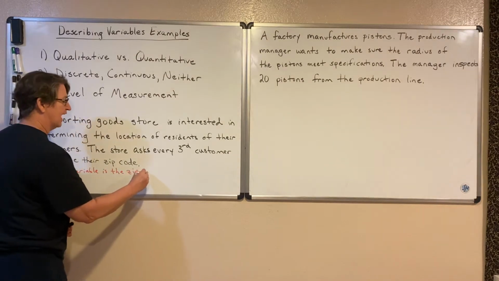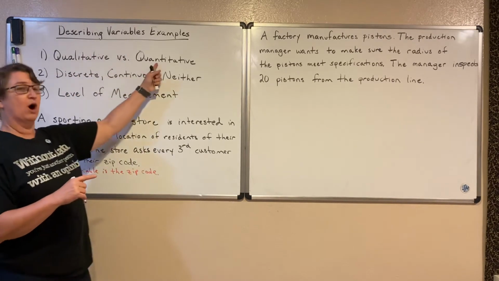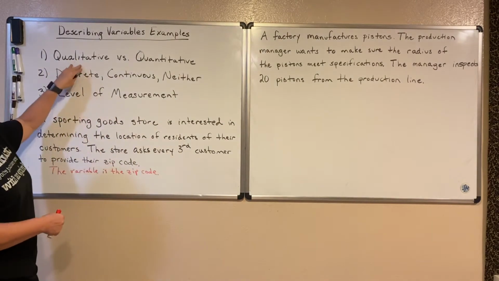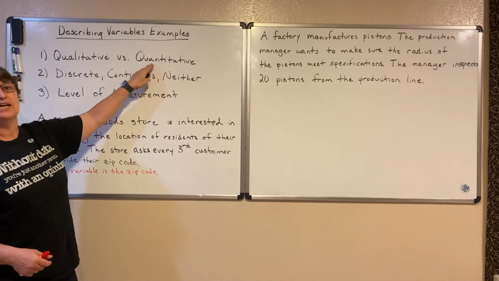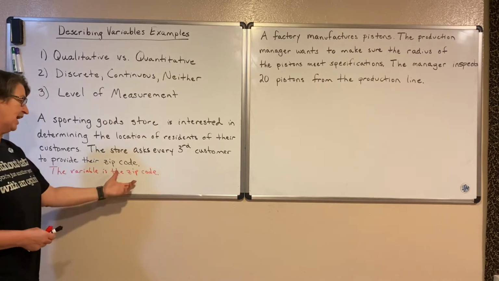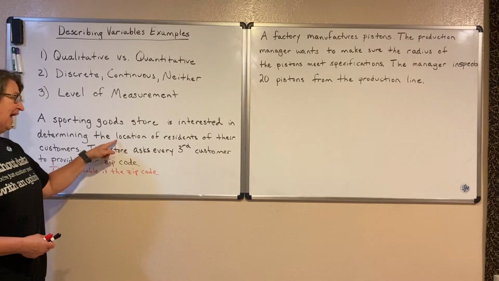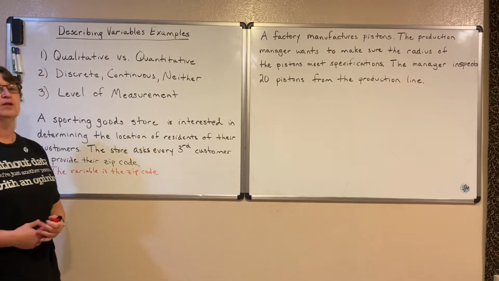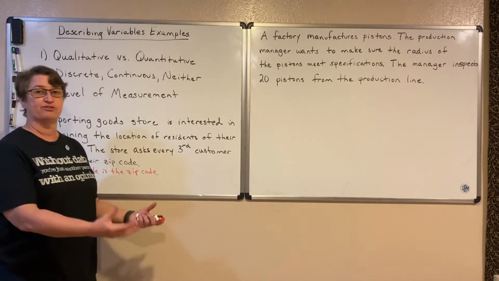Now we need to decide, is zip code qualitative or quantitative data? Remember that qualitative data is a category or a quality, whereas quantitative data is a quantity, it's a measurement, it's a count. Well, in this case, if I ask for the zip code, I'm really just asking my customers for the location of their home. Like when I give my zip code, it tells people that I live in North Temple.